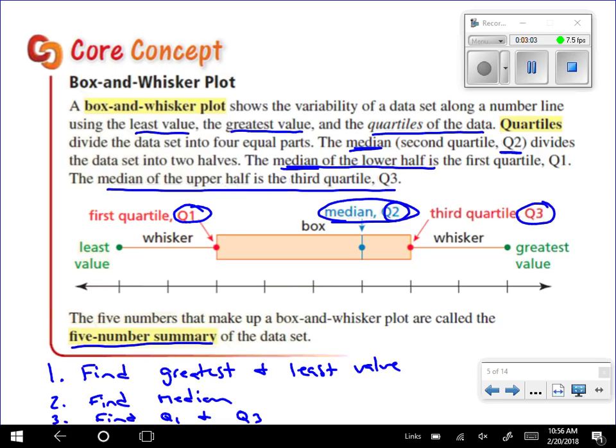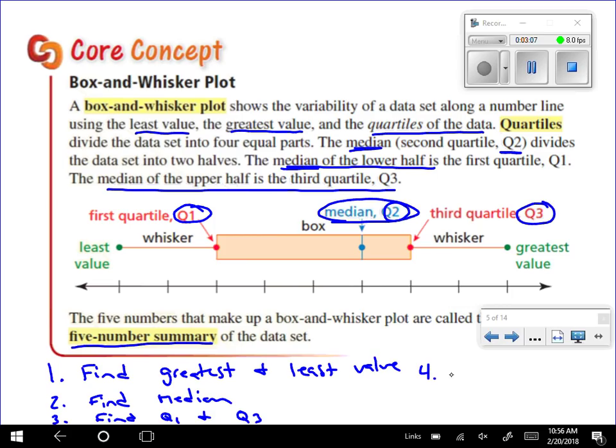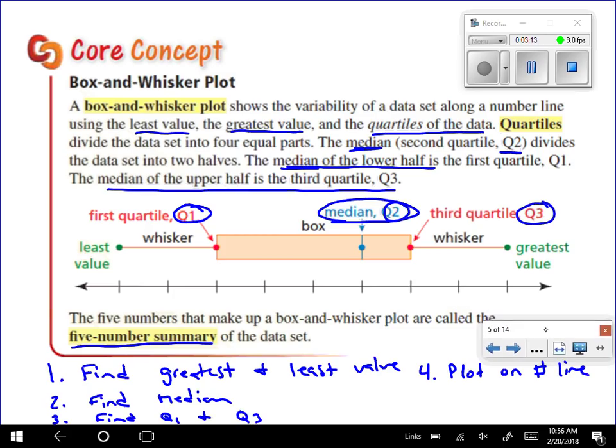Okay, once you've done that, step 4, you're going to plot the points on the number line. Okay, so we have least value, quartile 1, quartile 2, quartile 3, and the greatest value. Plot all 5 points, and then we're going to draw in box and whiskers. So kind of 5 steps.